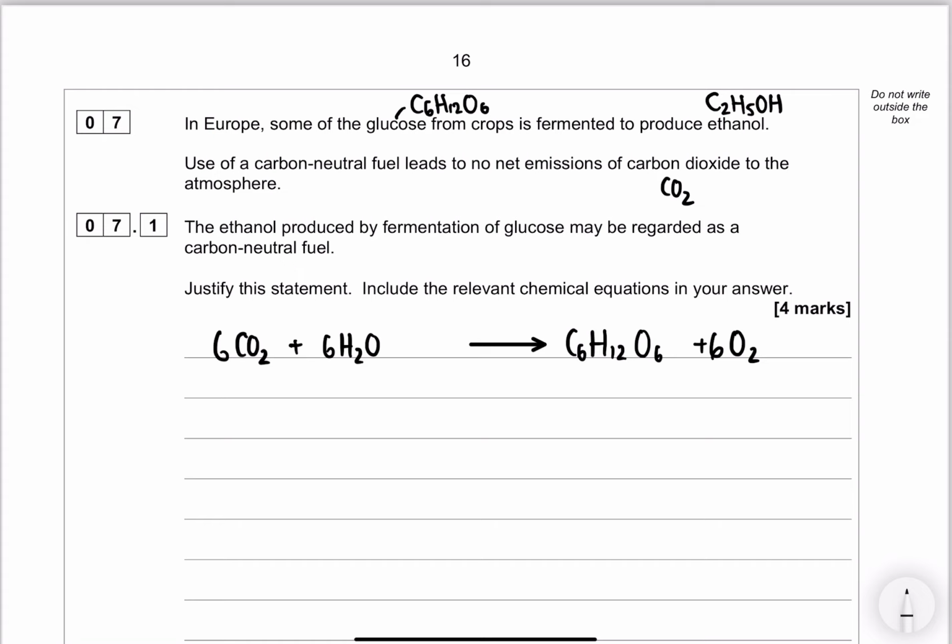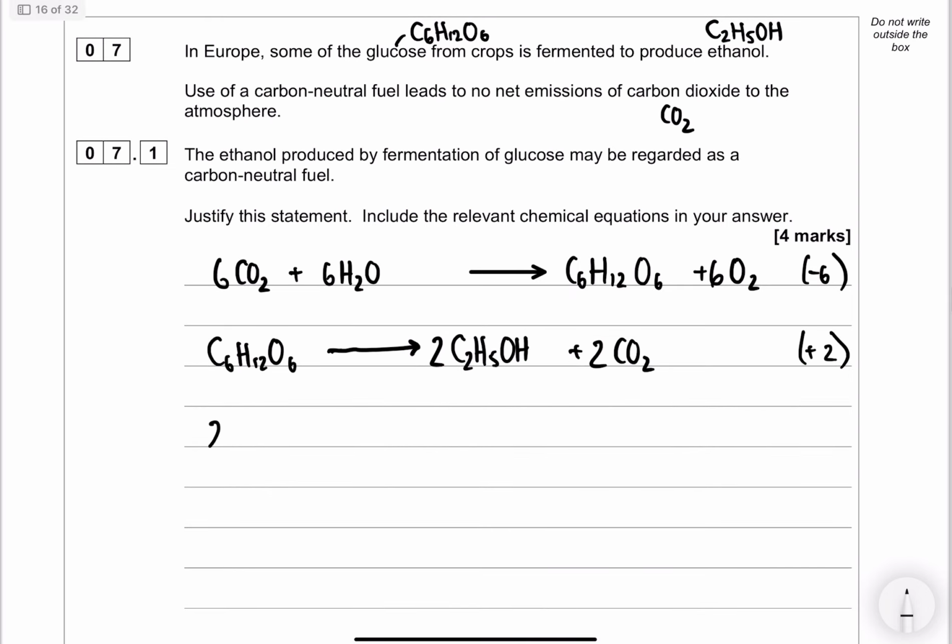We then take that glucose and ferment it with yeast to form ethanol, and it produces carbon dioxide. If we balance that equation, we can see that we get that. So at the moment we've got minus 6 CO2 and then plus 2 back into the atmosphere.